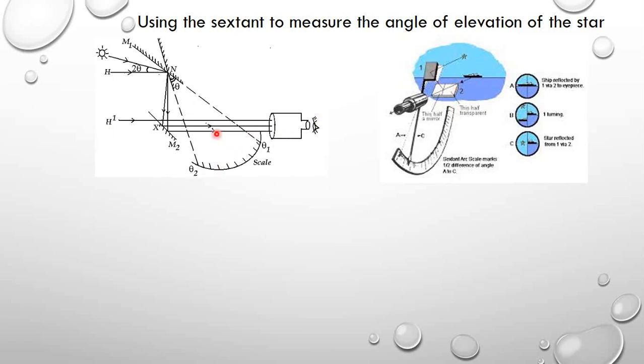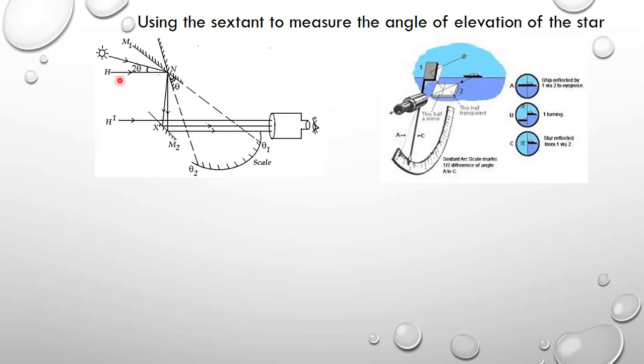First of all, what we are going to do is to make sure that M1 and M2 are parallel to each other. How to achieve that is by focusing on a horizon H. The image of H after successive reflection at M1 and M2 must coincide with the image of H prime seen directly through the unsilvered part of M2.